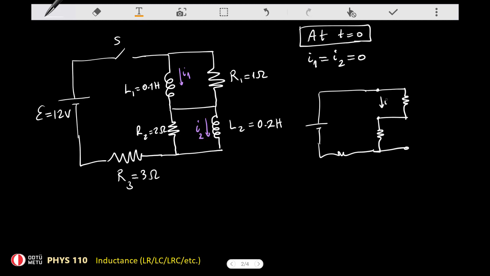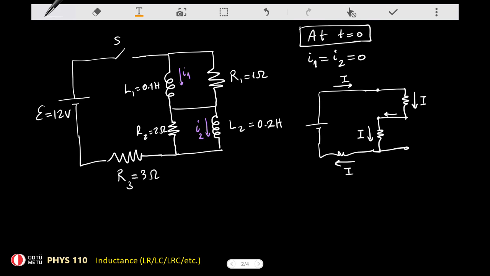So this I1 current would be 0 because there is no wire connecting these 2 points. That's essentially the same. Whatever the current in the main branch is, it is going to flow through this resistor R1, pass through this mid branch, and then pass through this resistor labeled R2, and then through this one.